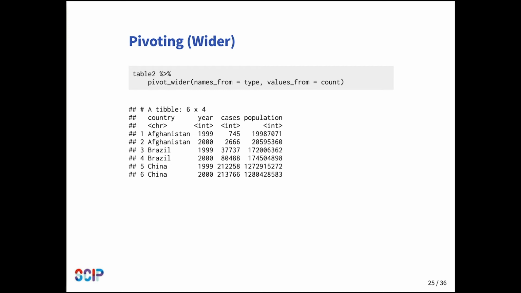Each row has a country, a year, a value for the number of cases and a value for the population. So we use that function to pretty much just restructure the columns and tell the tidyr package where we want the new values to come from.